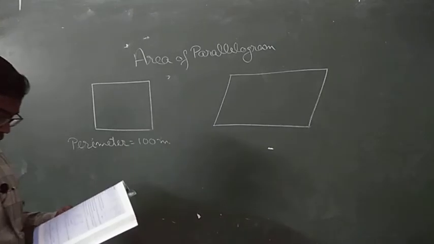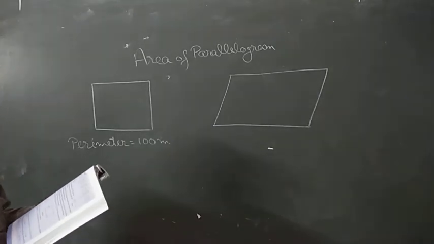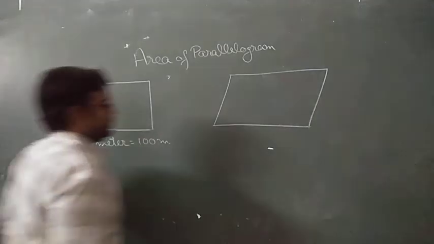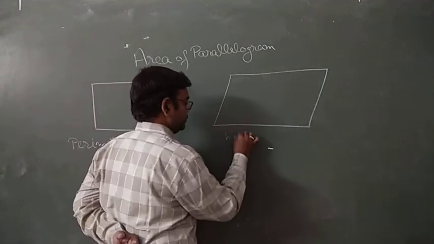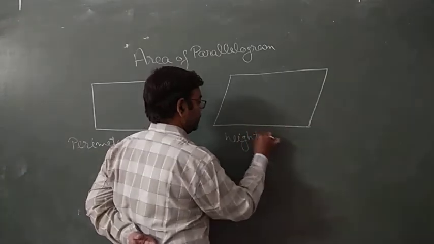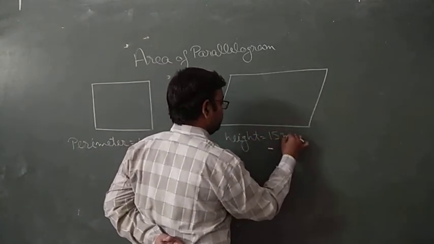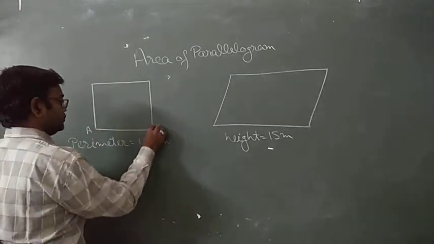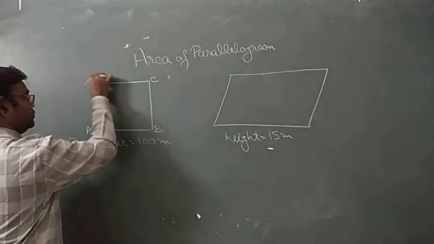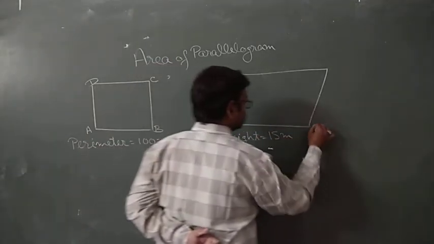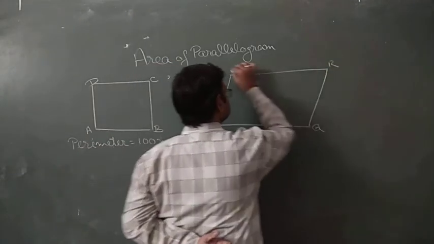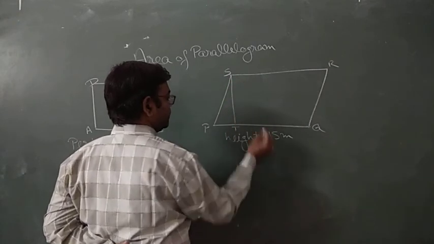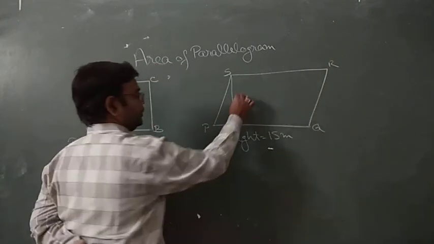Clear? And the height of the parallelogram is 15 meter. Give the names, it's ABCD and PQRS. Here height ST is given. Clear? 15 meter.